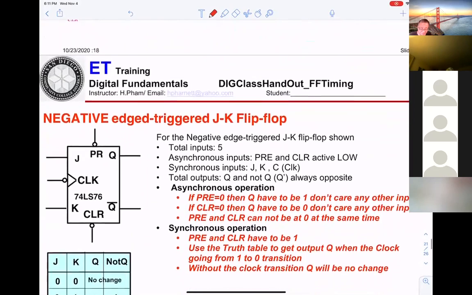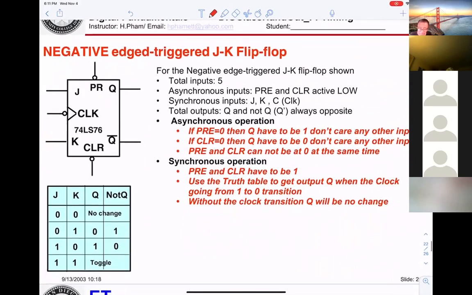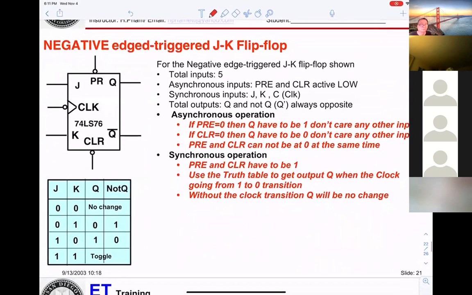JK flip-flop. Okay, so basically you get only two flip-flops. 1D, 74, 74. JK 74, 76. For the JK flip-flop, you also get the asynchronous input preset PR, clear.